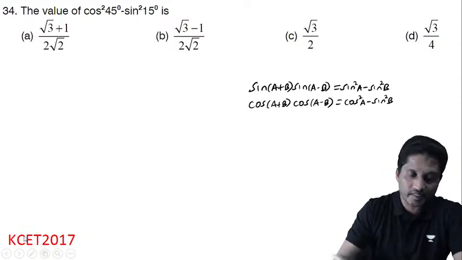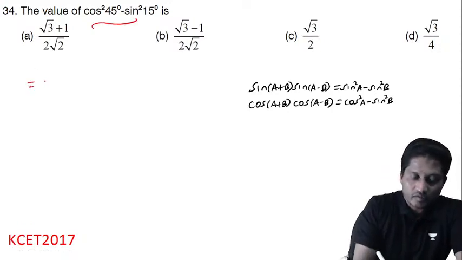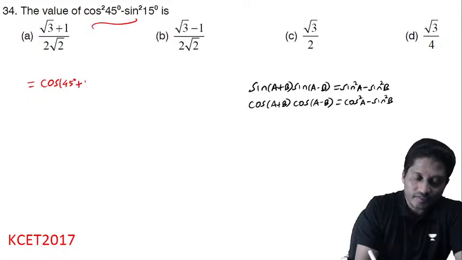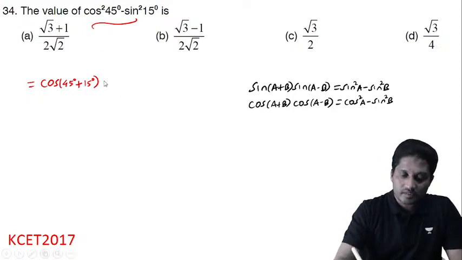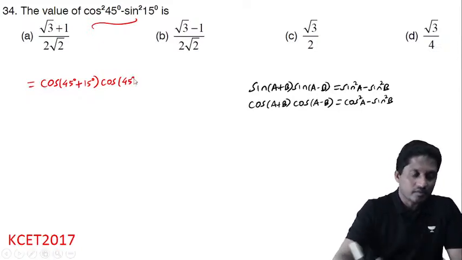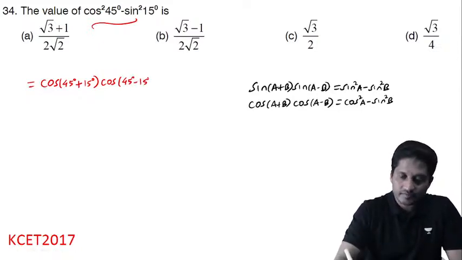Now cos square A minus sine square B will be equal to cos of A plus B into cos of A minus B, that is cos of 45 plus 15 into cos of 45 minus 15.